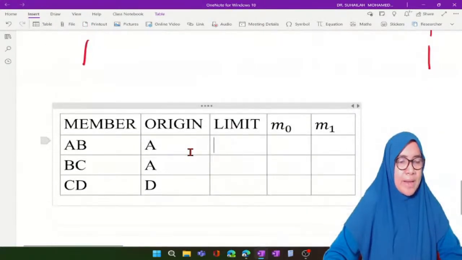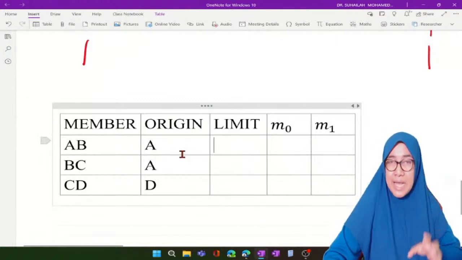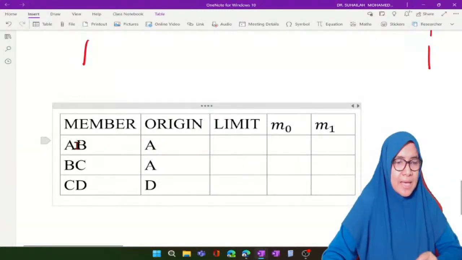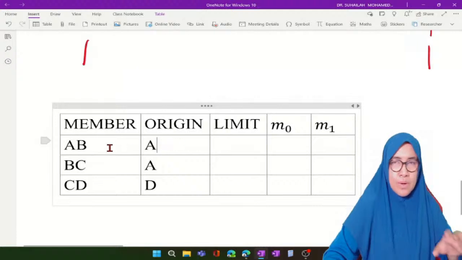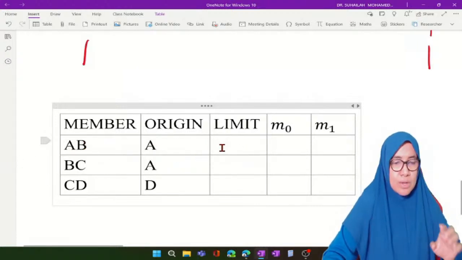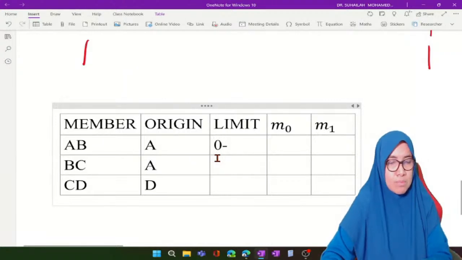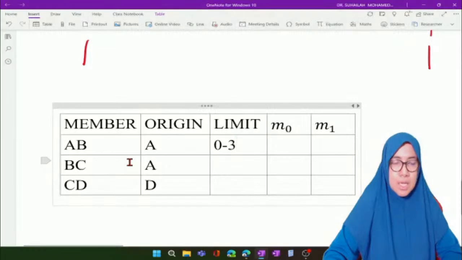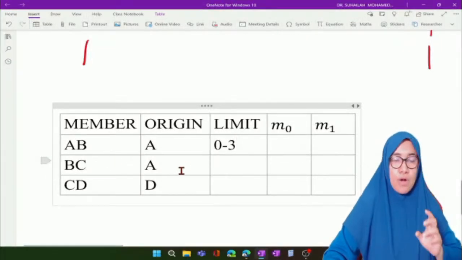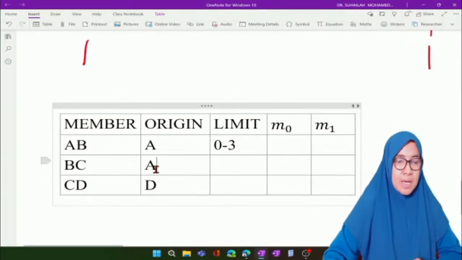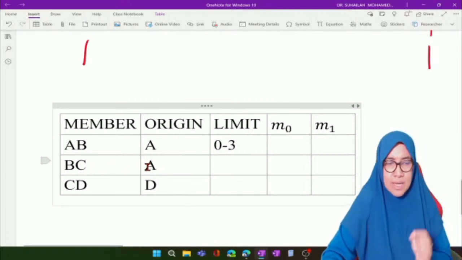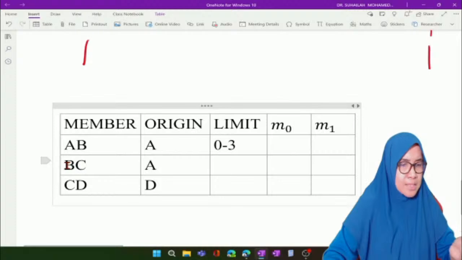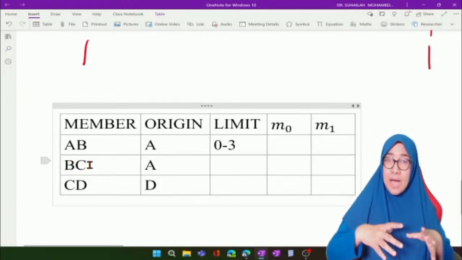Whenever the origin is A, for AB, A is the origin, so the limit will start from 0. 0 to 3. For BC, because A is the origin, A is not inside B and C. A is outside BC.